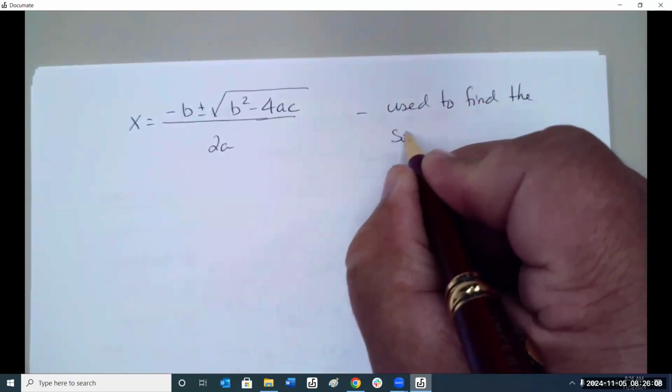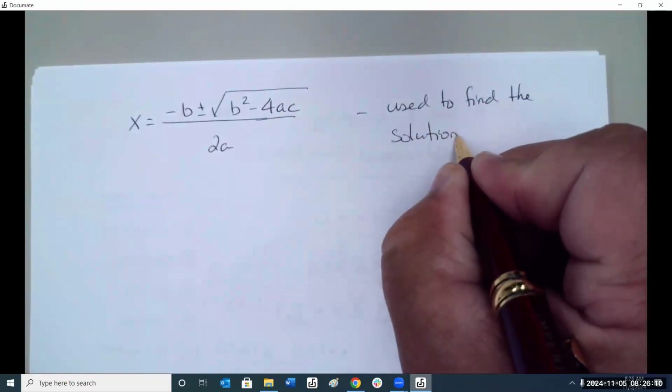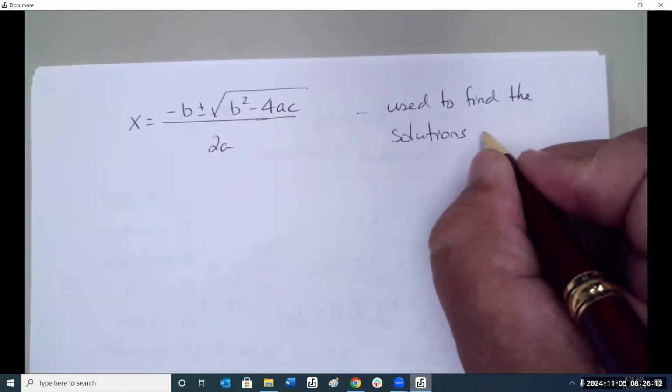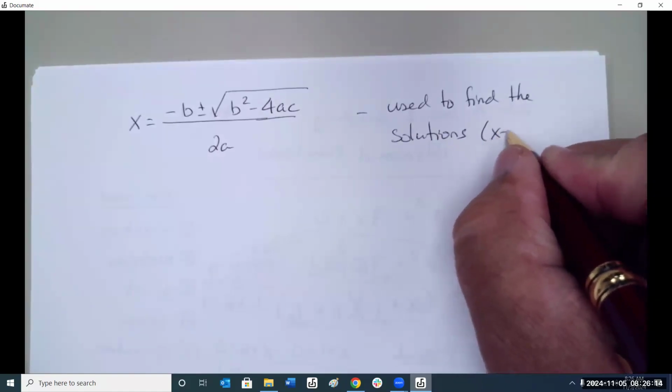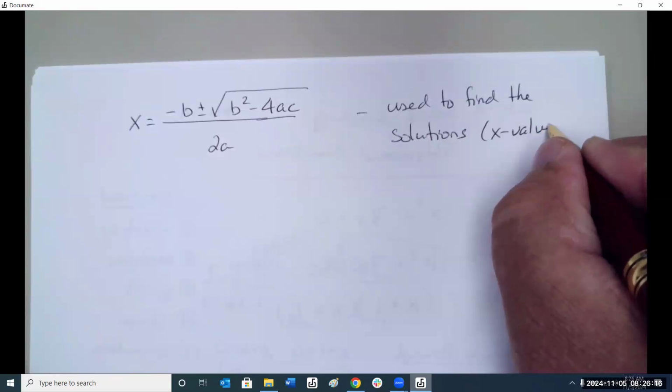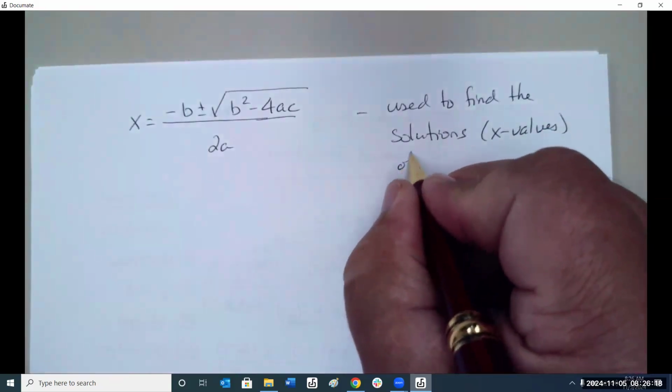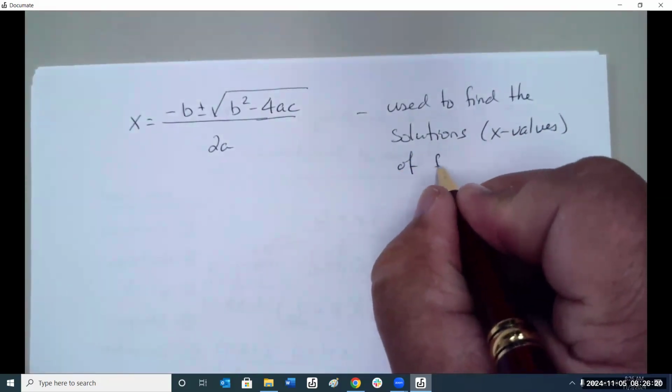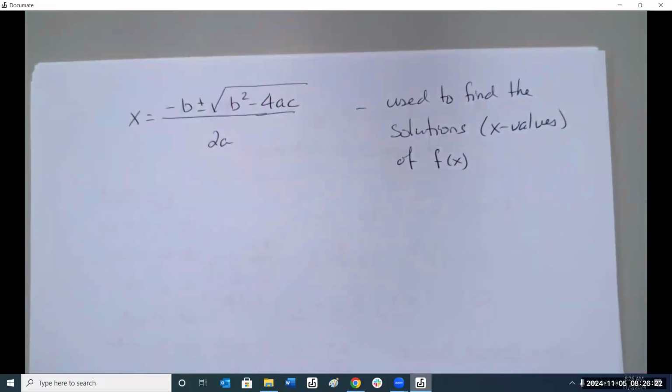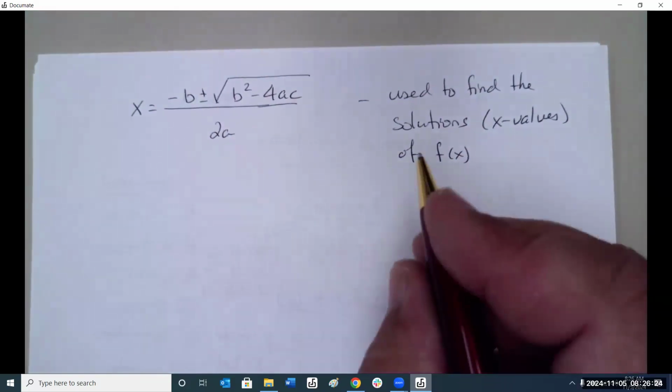It's used to find the solutions, or the x values of the function. That's one thing it does.